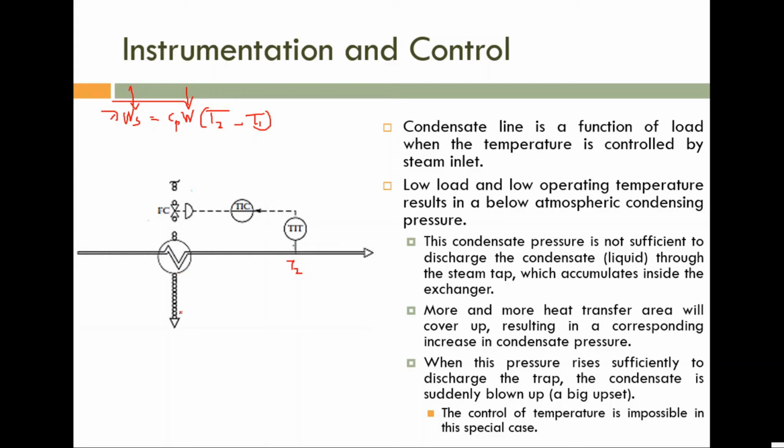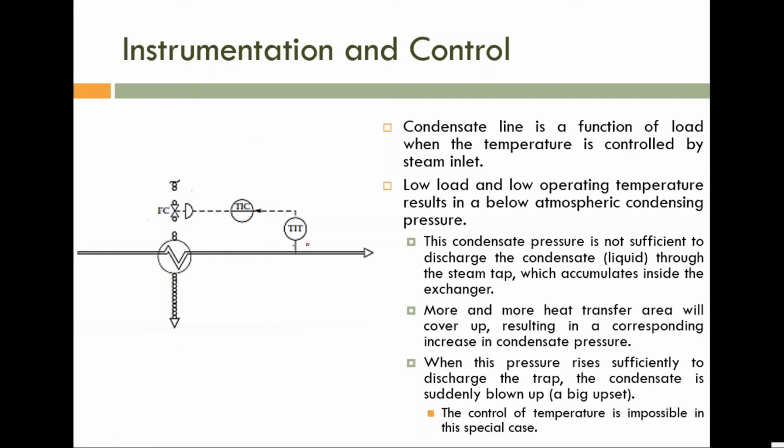So manipulating such a variable is not effective. We can't effectively maintain this temperature at the required value by manipulating the condensate flow rate. In some situations, we have to manipulate this one, but the effectiveness of such a control loop is very small. So please note that manipulating the steam flow rate is more effective compared to manipulating the condensate flow rate.